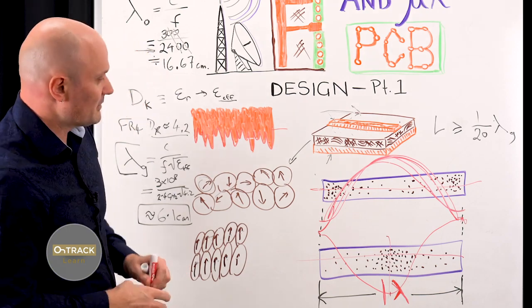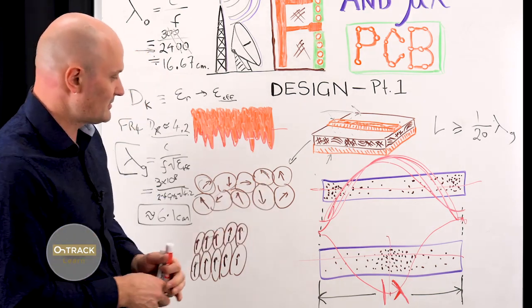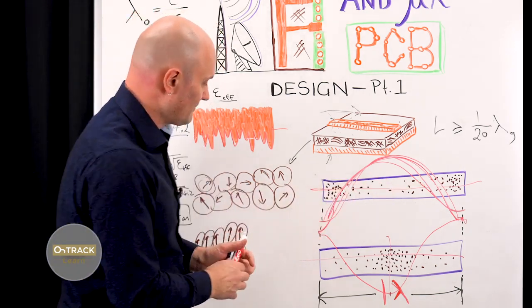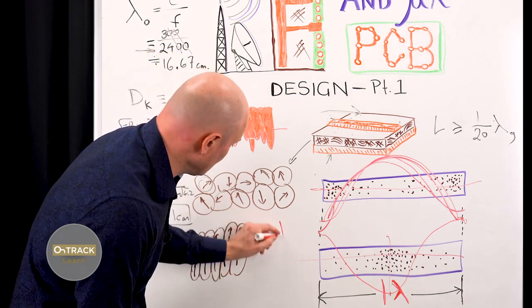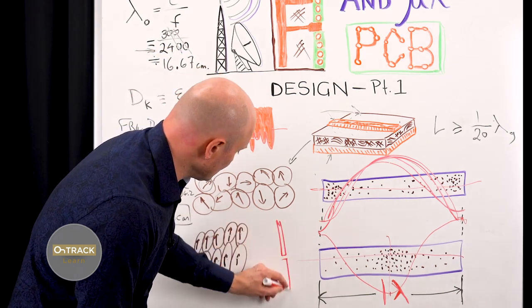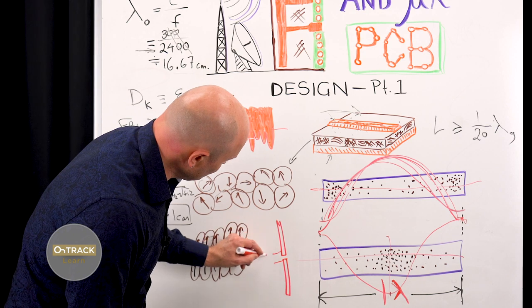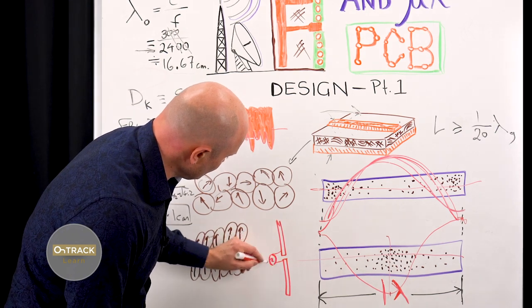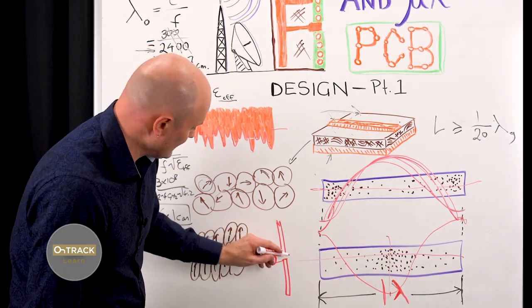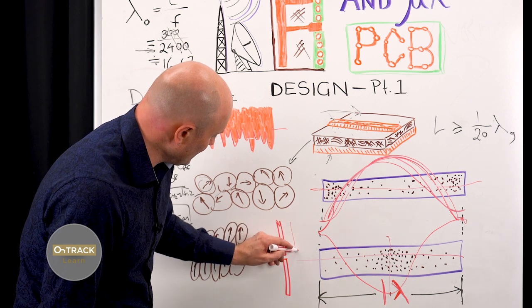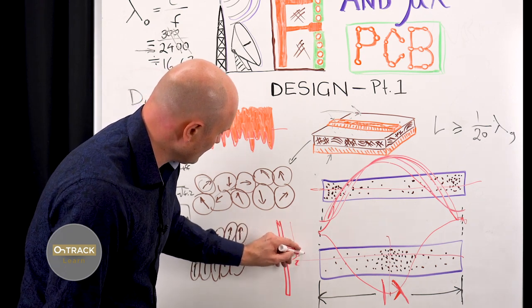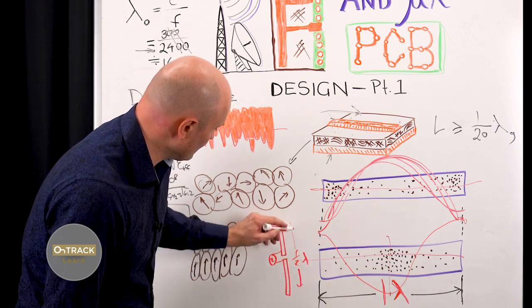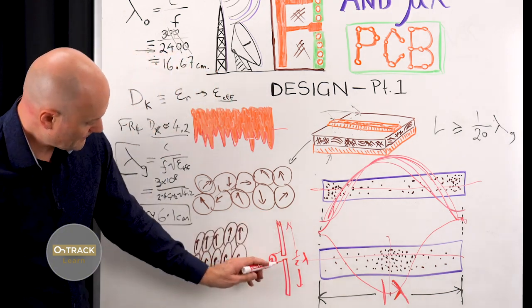Most people have heard of the term dipole. A dipole is effectively a piece of metal, or two pieces of metal like this, connected to an oscillating voltage source, and this whole thing is half a wavelength apart.